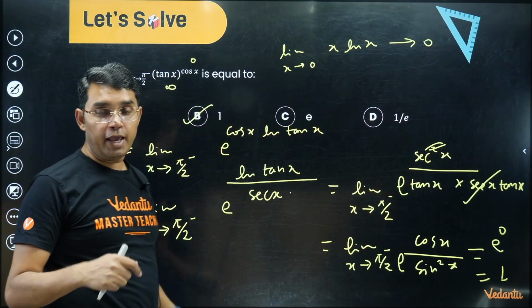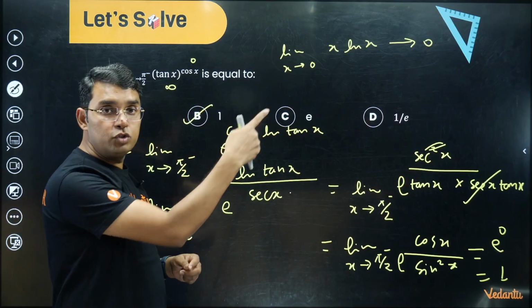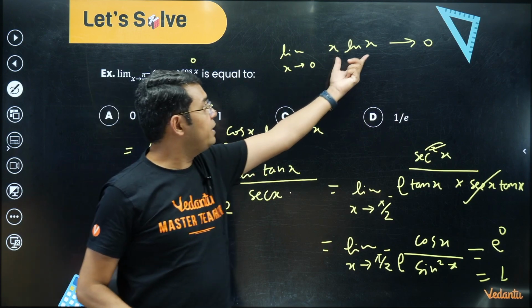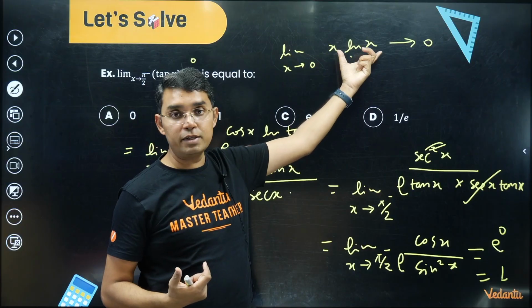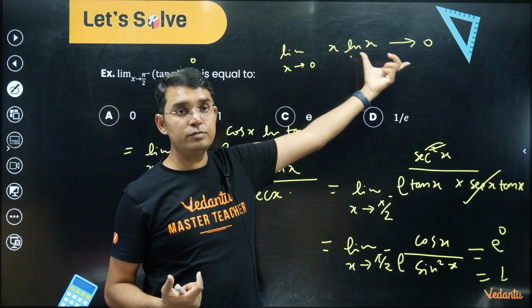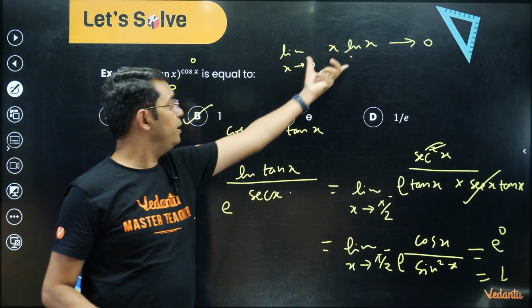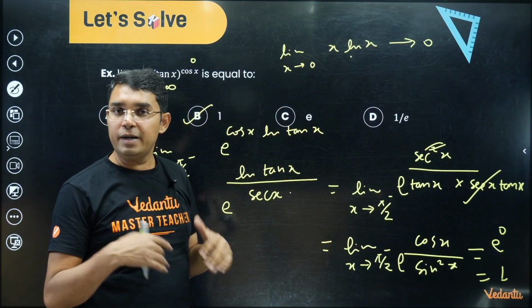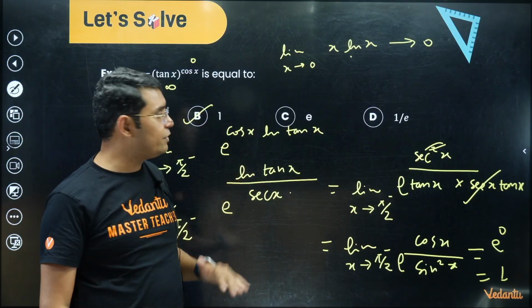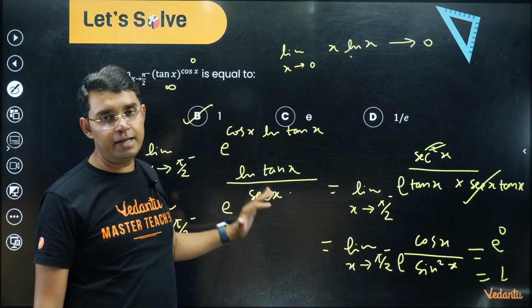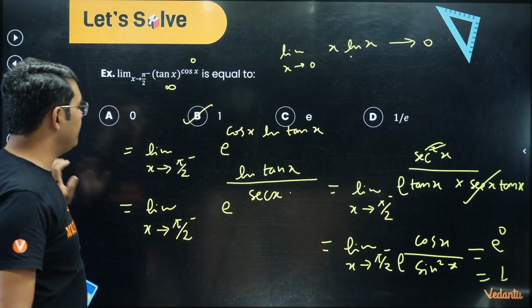You can say ln x tending to infinity, but this infinity as compared to the 0 is not that strong, so this becomes 0. So using this, we can also find the limit, but I will not ask you to do the experiments in the exam. If you are not very comfortable, go with your LH method. This is not very difficult, I will say.